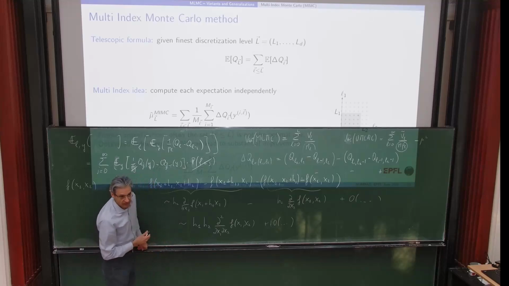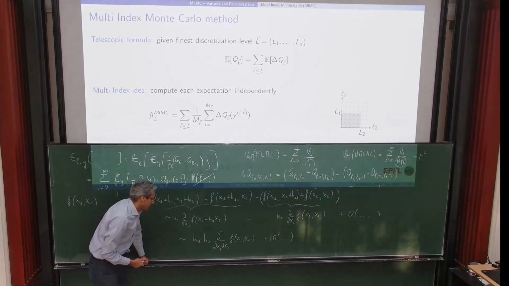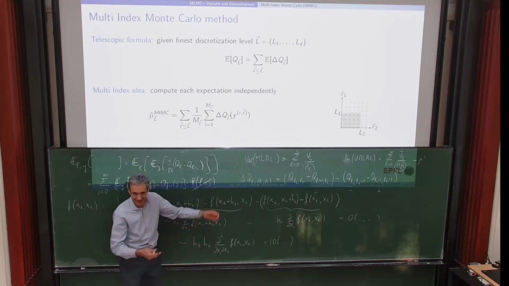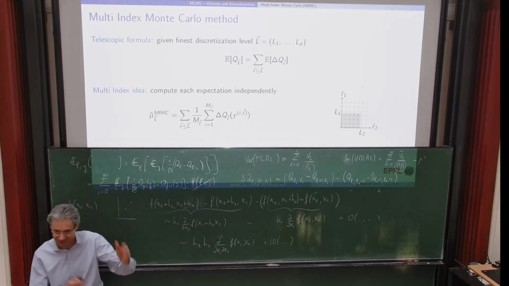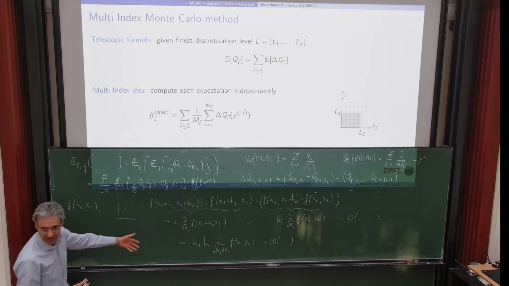But if you do have this mixed regularity, then it's much more difficult to prove it for, let's say, a PDE when you refine or when you take these double differences, refining in the different directions. But the intuition is this one.